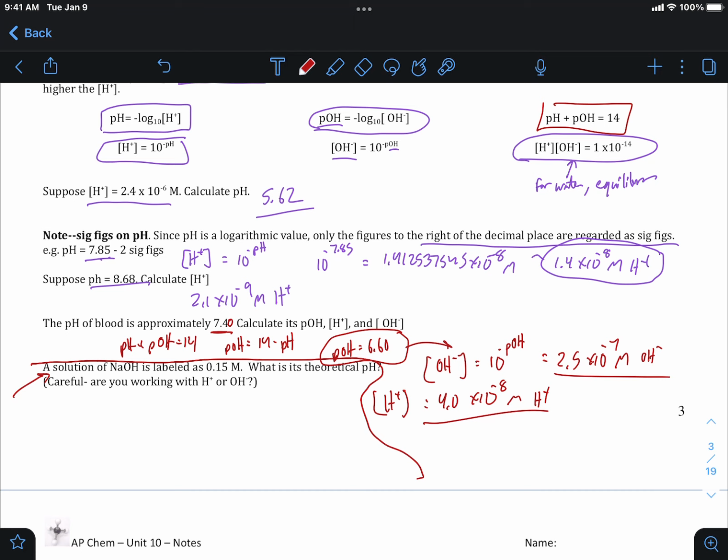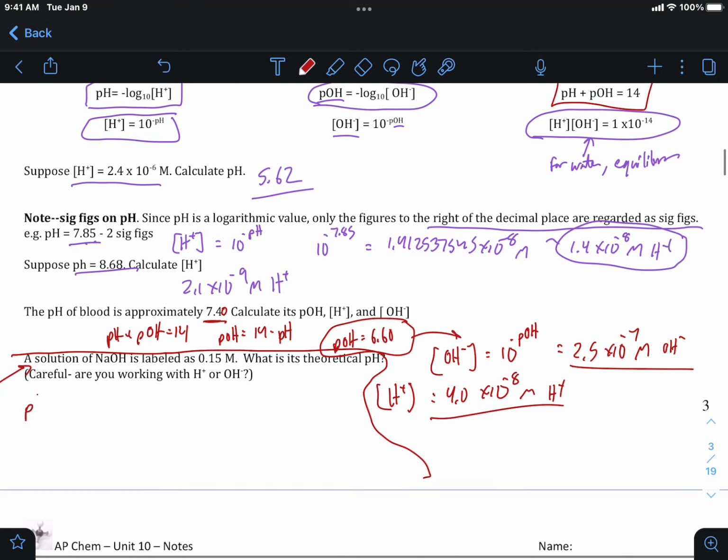All right, sodium hydroxide, 0.15 molar. What's our pH, guys? 13.9. Yes.